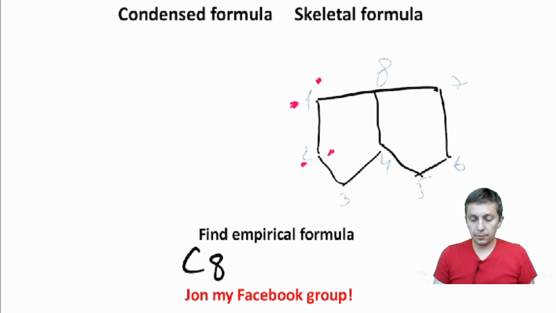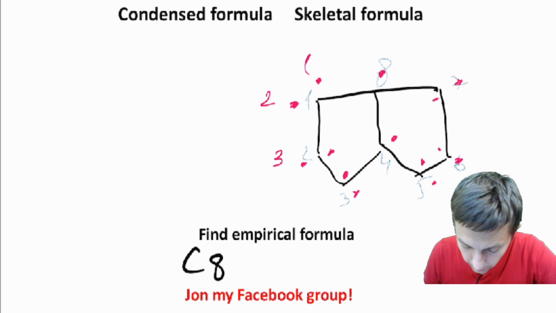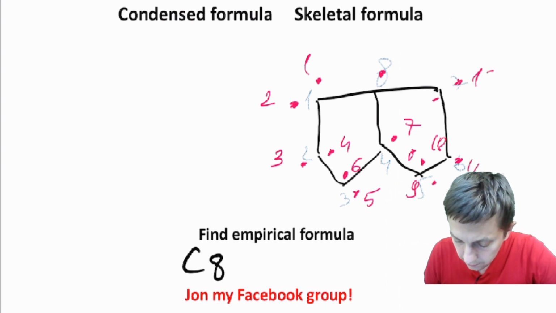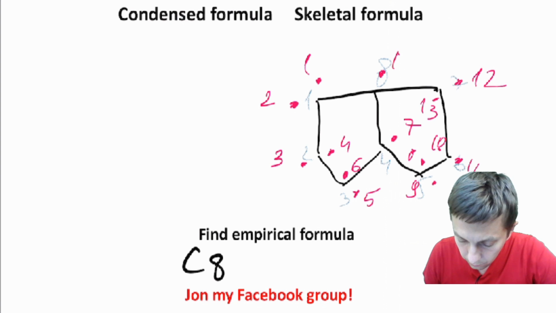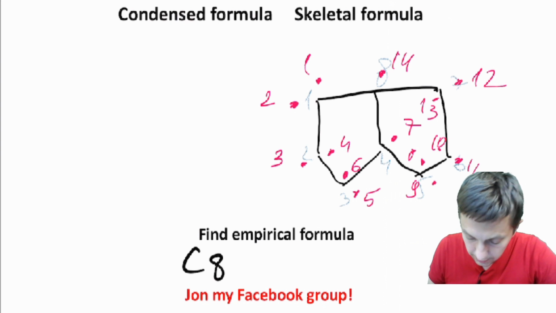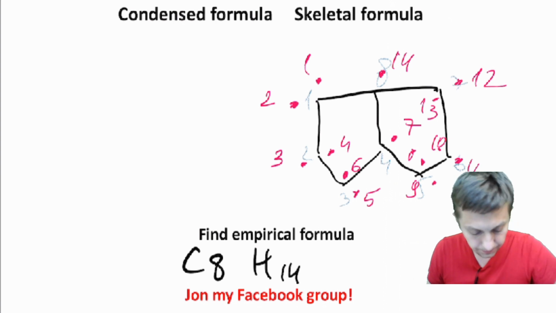Here too, and here too. And here 1, 2, 2, 2, and 1. So 1, 2, 3, 4, 5, 6, 7, 8, 9, 10, 11, 12, 13, 14. So C8H14. Not bad.